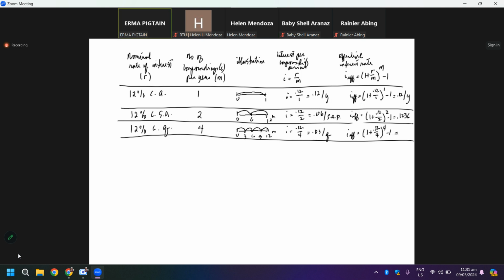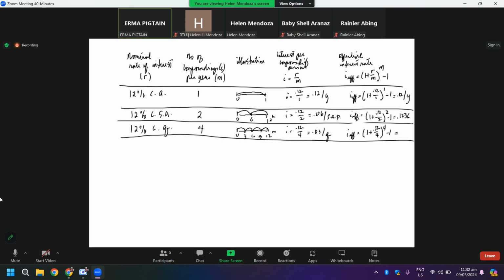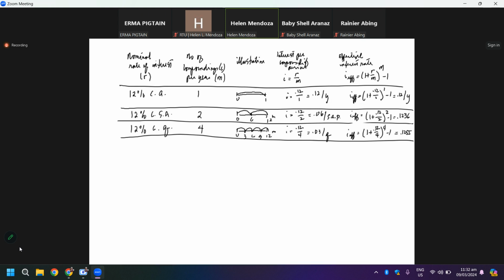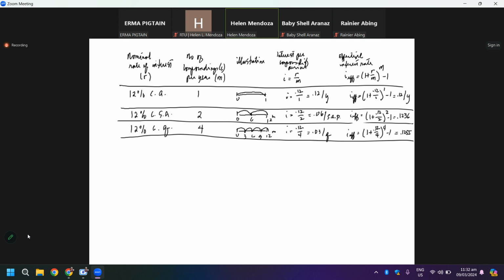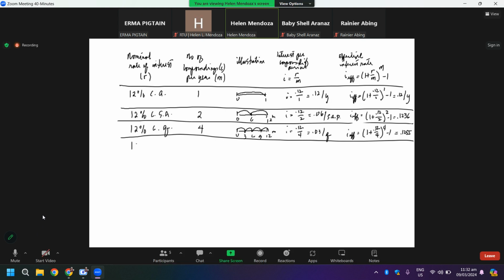Wait ma'am. Point 1255 ma'am. 0.1255. Opo. So as the number of compounding per year increases, the annual effective rate also increases. Pataas ng pataas.